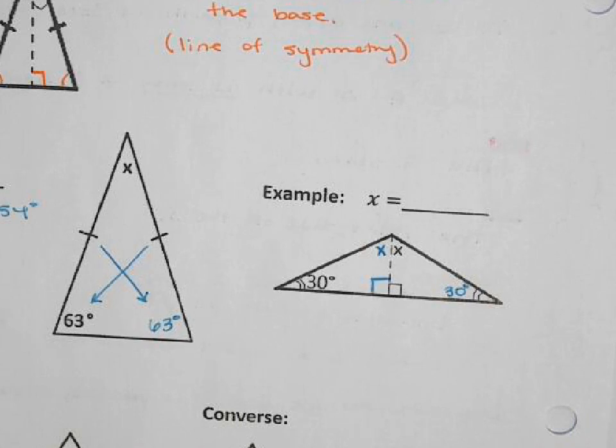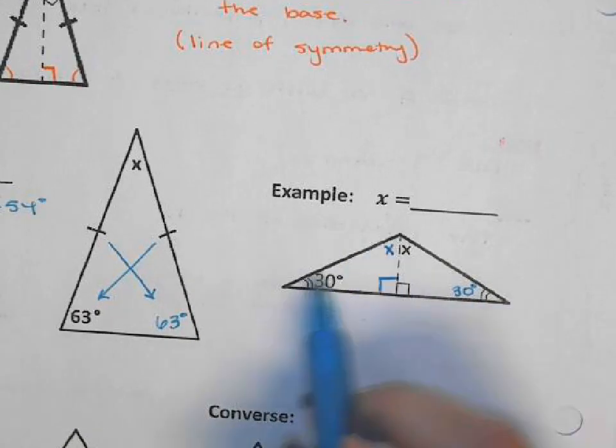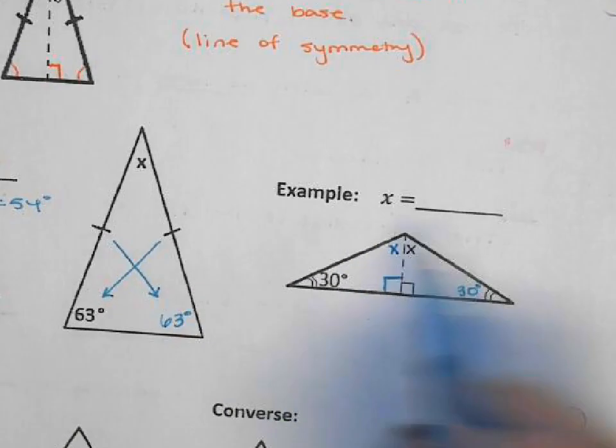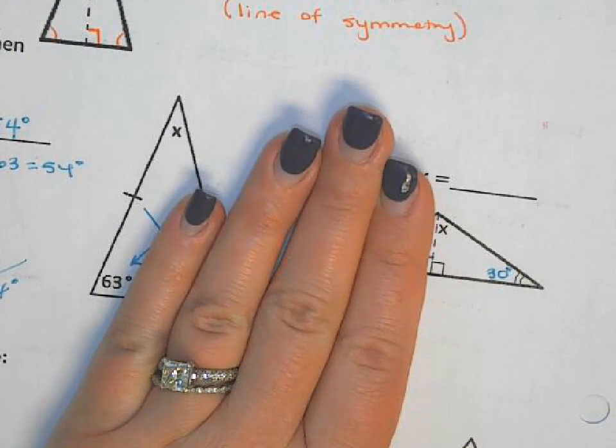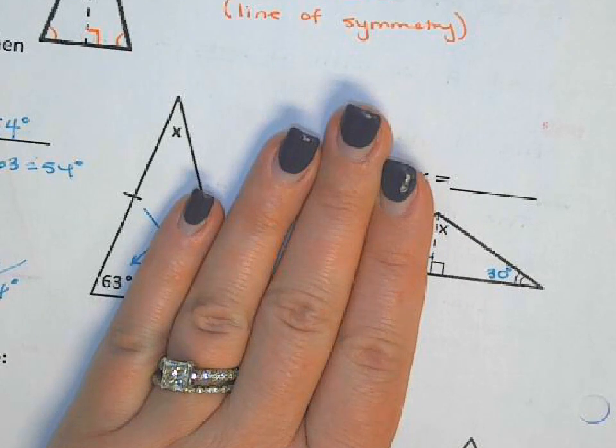There are two different ways you can go about finding X here. You could look at the big triangle, the big picture, or you can look at this triangle right here. There are multiple triangles in this diagram, so you can choose how you want to look at it. If you look at this triangle right here, how do you find X?